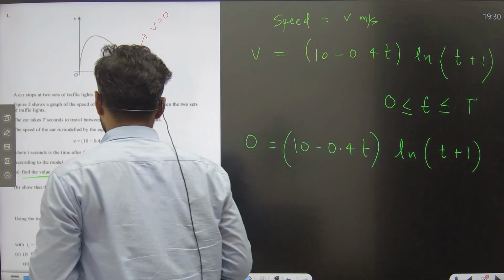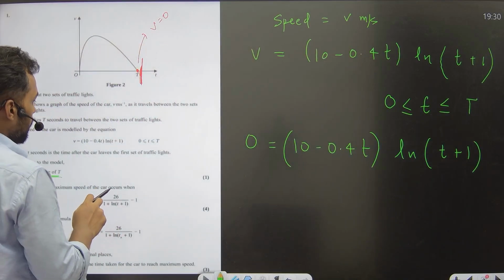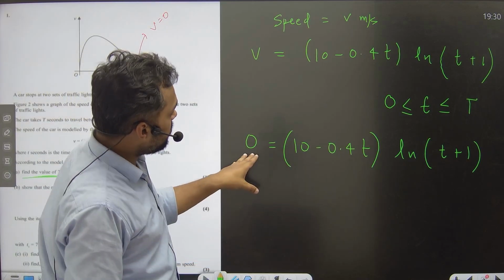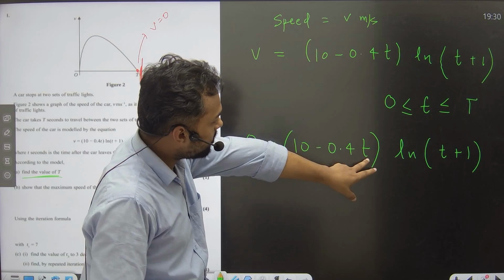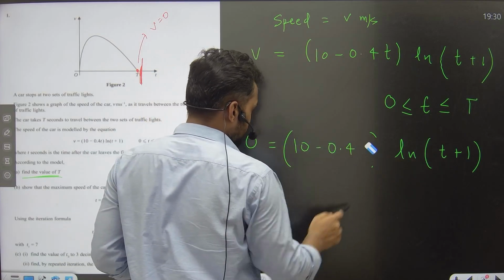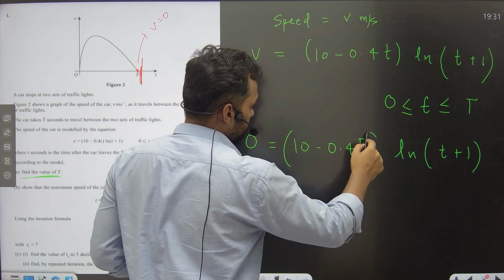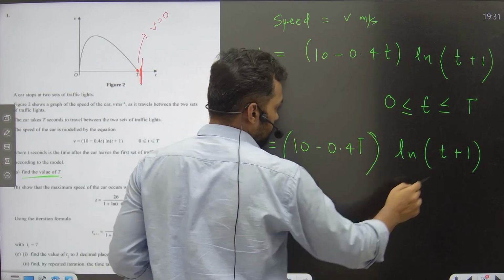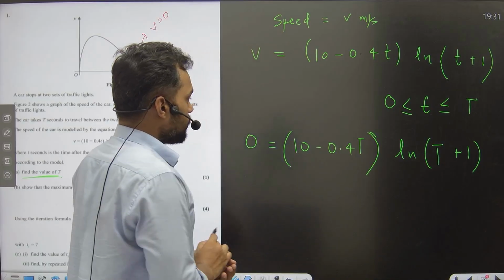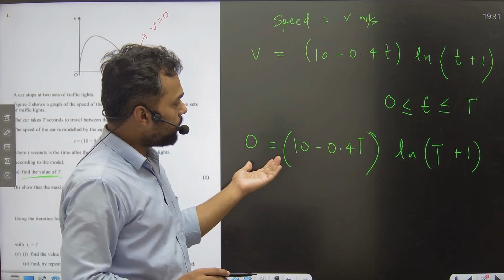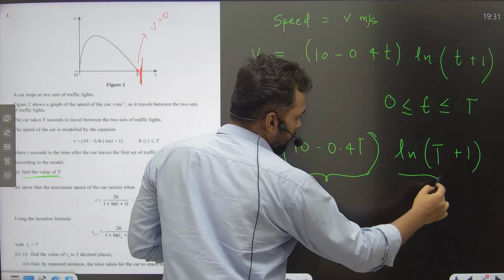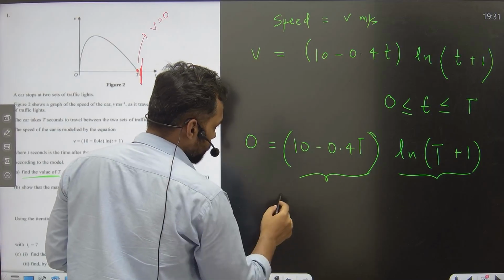One more thing: since we are calculating for the time interval capital T, where the velocity is 0, this will be capital T and this part will also be capital T, giving (10 − 0.4T) ln(T + 1) = 0. Here the product of two components is equal to 0, so either this part must be 0 or this part must be 0. Let's say the first part is 0.